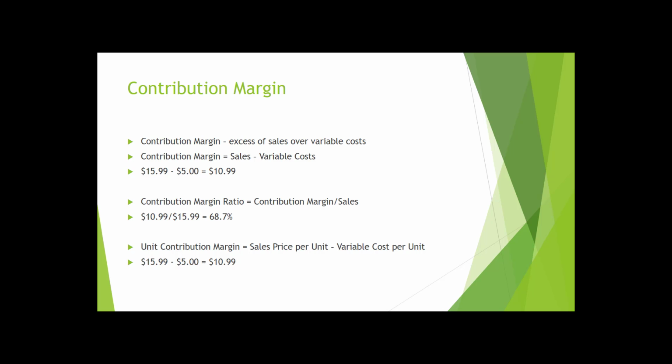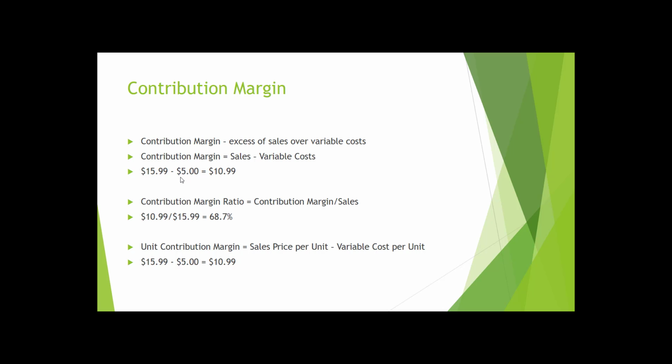So very simple, basic example here. Contribution margin is equal to sales minus variable costs. So let's think of a t-shirt company. A t-shirt company sells a t-shirt for $15.99. That would be their sales. And then their variable costs would be the cost for the t-shirt, the cost for the sticker that maybe they slap on it, and whatever cool saying is on the front of it.